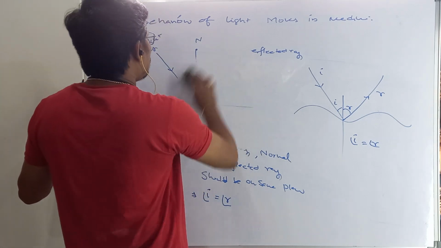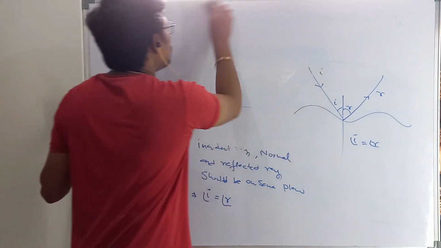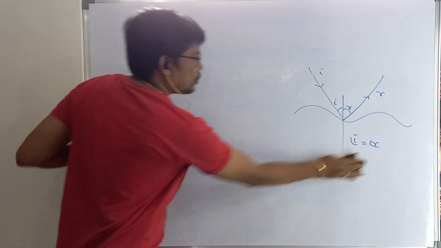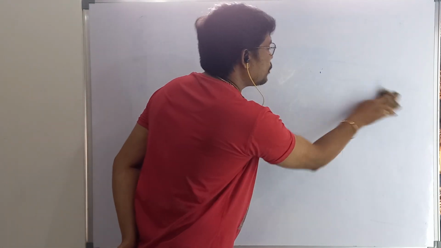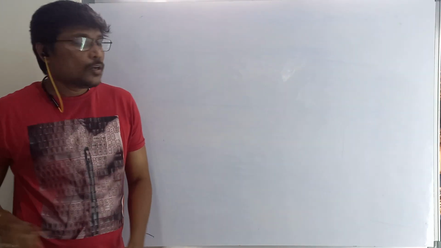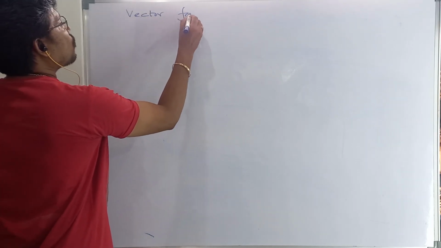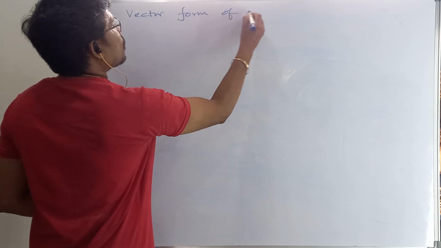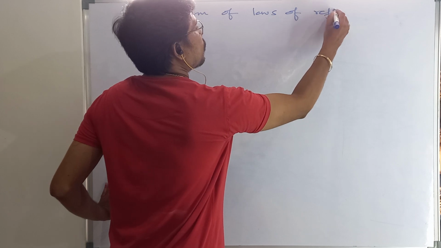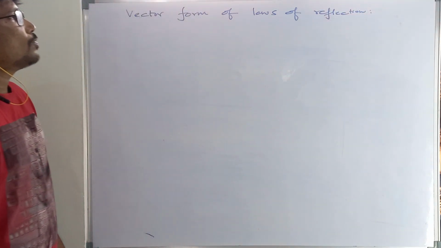Let us see that. Now, vector form of laws of reflection.